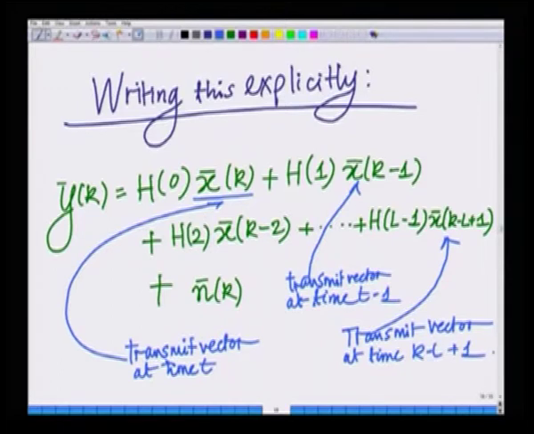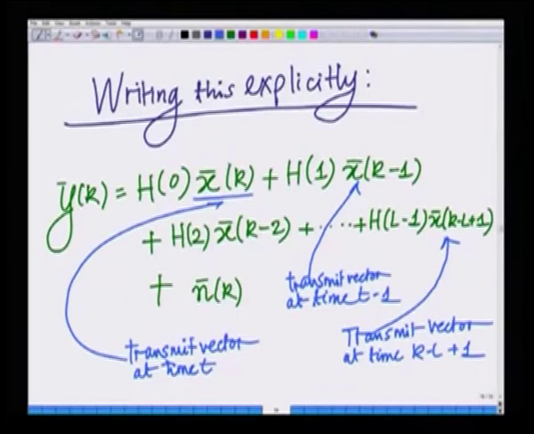Hence, y bar k depends not only on x bar k, but also on x bar k minus 1, x bar k minus 2, and so on up to x bar k minus L plus 1. Thus, this is a model of intersymbol interference, but it is inter-vector symbol interference. Hence, this is a frequency selective MIMO channel.